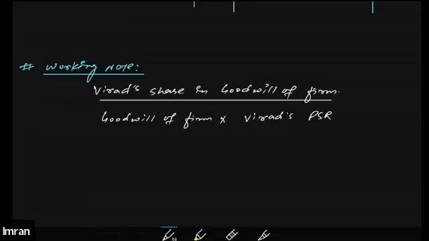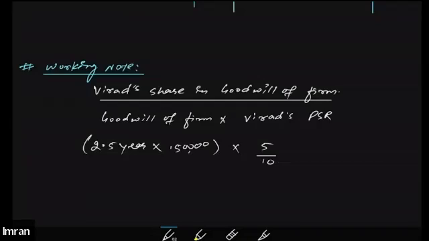So goodwill needs to be calculated on the basis of 2.5 years' purchase into average profit, which is given as 1,50,000, and then we will multiply it with Virat's profit sharing ratio, which is 5 by 10.